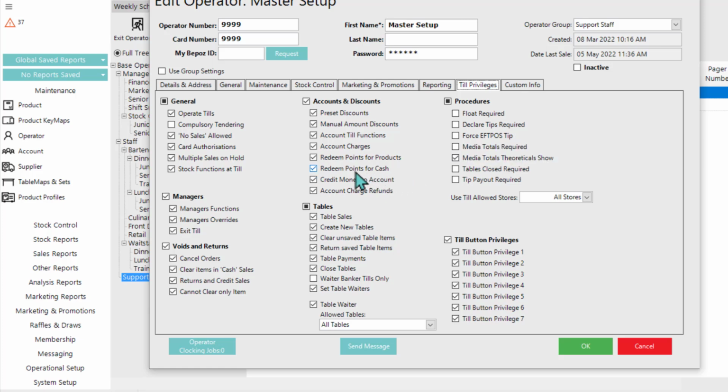These are separate privileges in case the organization wants to let some operators do both but prevent other operators from doing one or the other. So for example, redeeming points for cash might be a function that only select operators can perform. Maybe only management or something like that can redeem points for cash. Cool, close out of that.